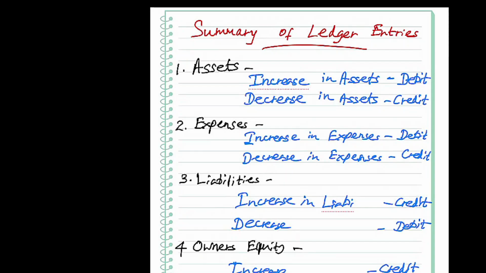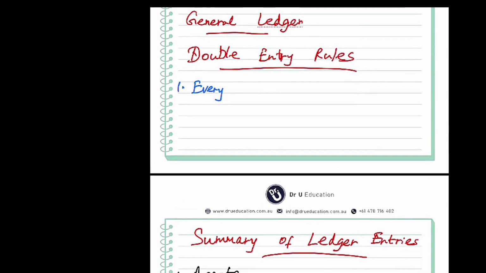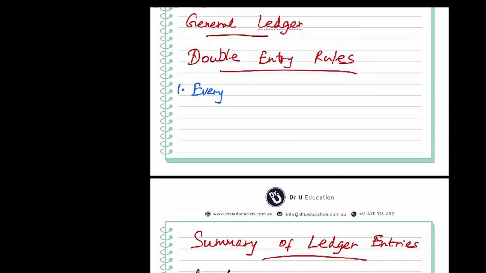I'm going to ask you questions. You sure? Okay, good. Have you finished? Okay. What is the first part? The double entry rules. What are the double entry rules? What is the first one?